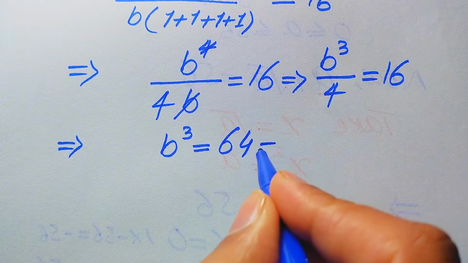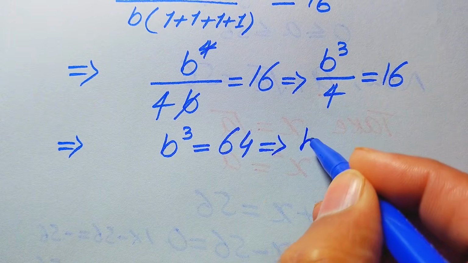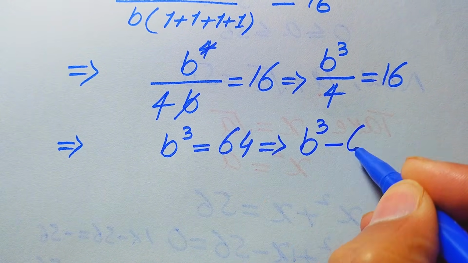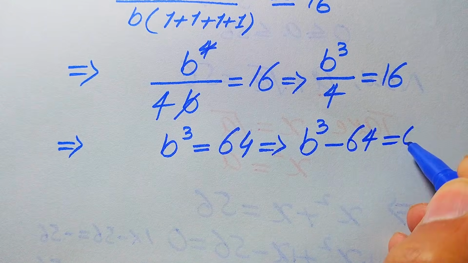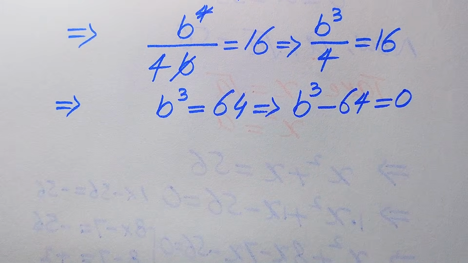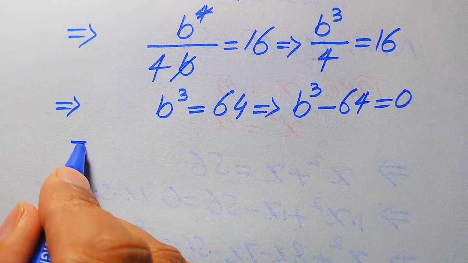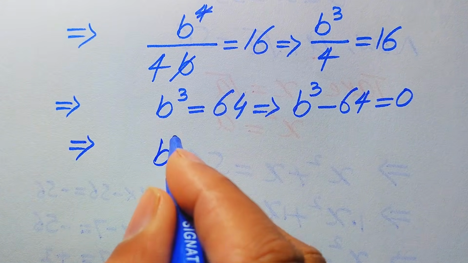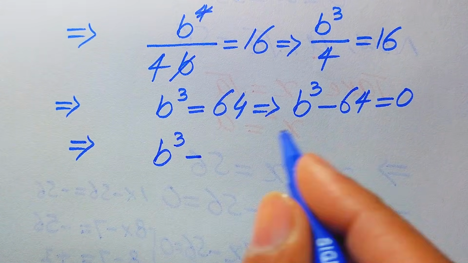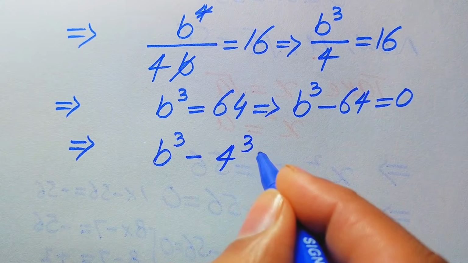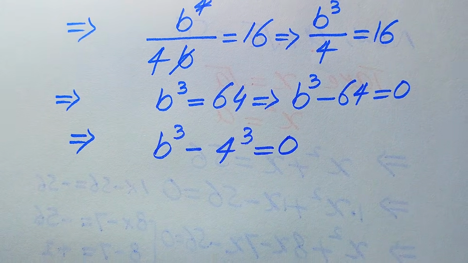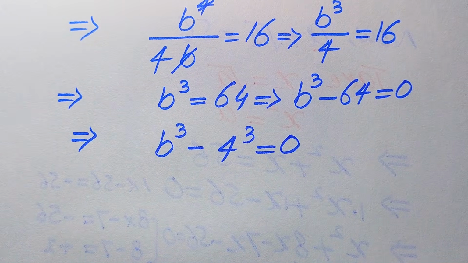And now we move this 64 to the left hand side, and it becomes b cubed minus 64, and this whole equation is equal to 0. Again we rewrite this equation as b cubed minus 64, and we write 64 as 4 cubed, and this whole equation is equal to 0. Now in the next step we use the nice cubic formula.